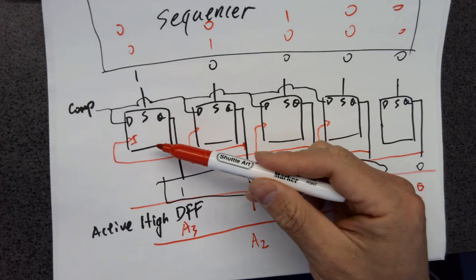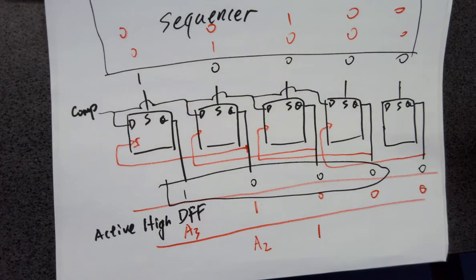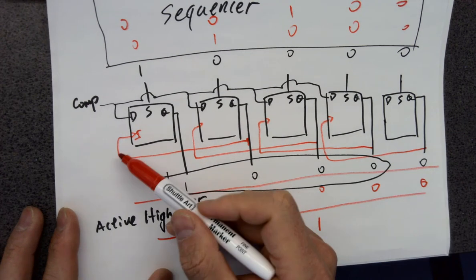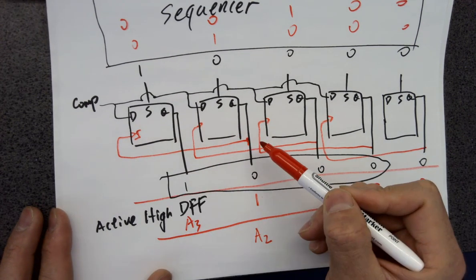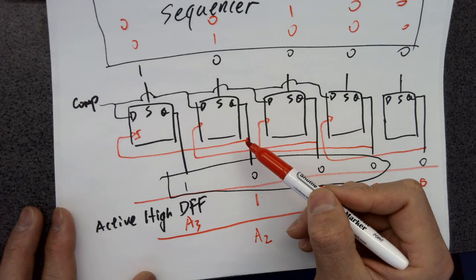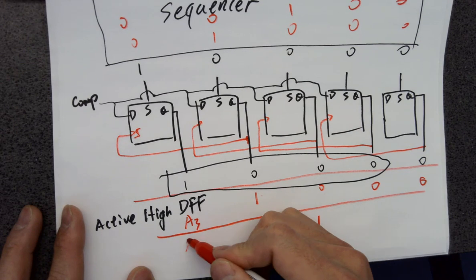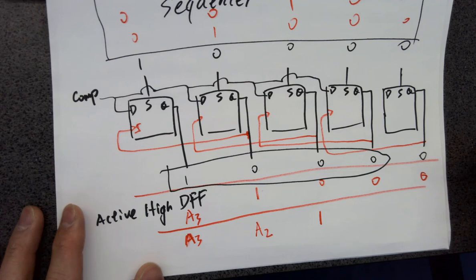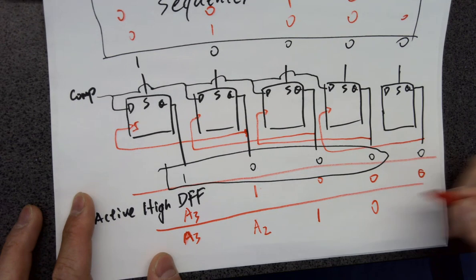What about this one? It won't happen at the same time, so it still keeps the previous value, which is A3. And all the following ones are not changing.